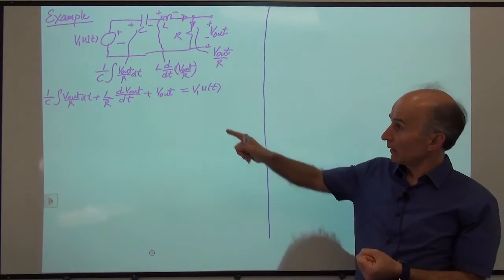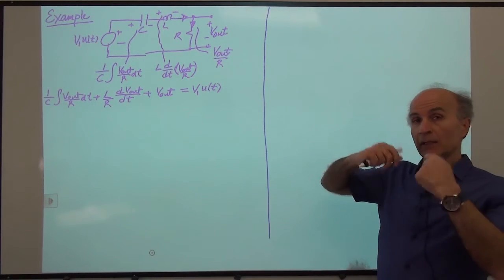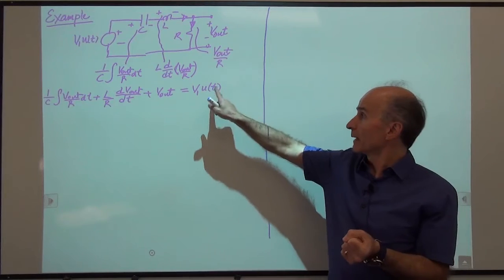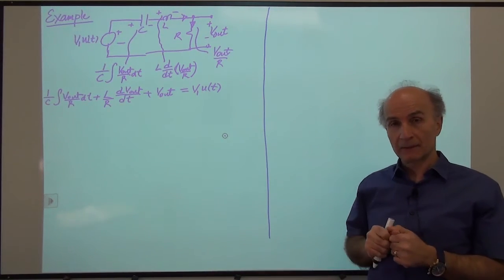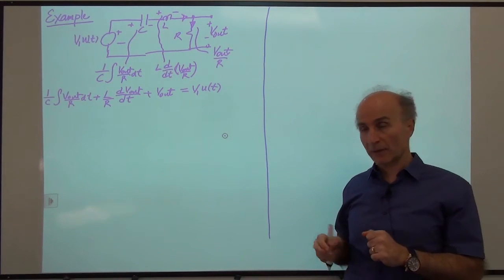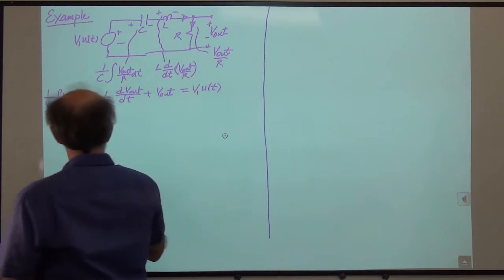Again, the problem is that I have an integral on the left side, I differentiate, and as a result, I end up with an impulse on the right side. So that's the fact of life that we have to live with. Okay, so let's go ahead and do that.